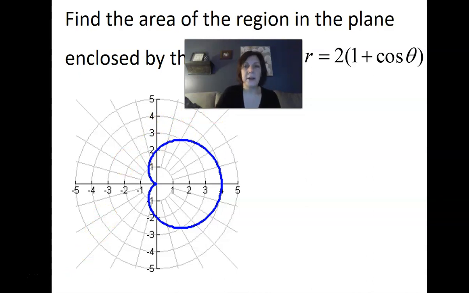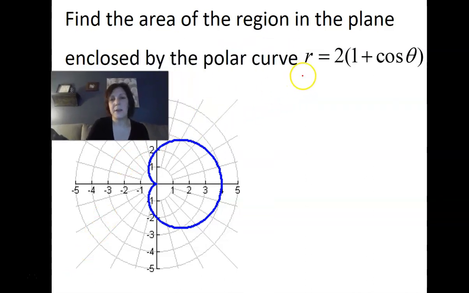All right, we want to find the area enclosed by this curve. r is 2 times 1 plus cosine theta. So here's my curve. It's called a cardioid because it looks like a heart. I know my integral is going to be 1/2 times this thing squared.